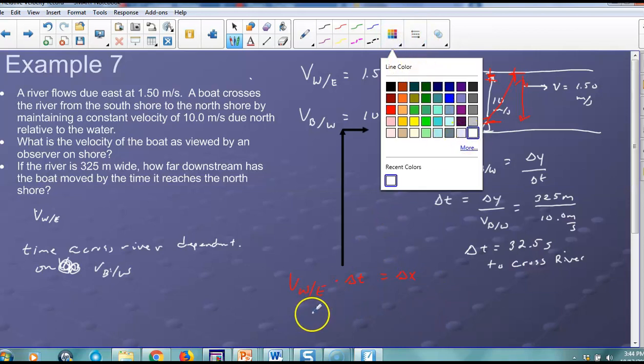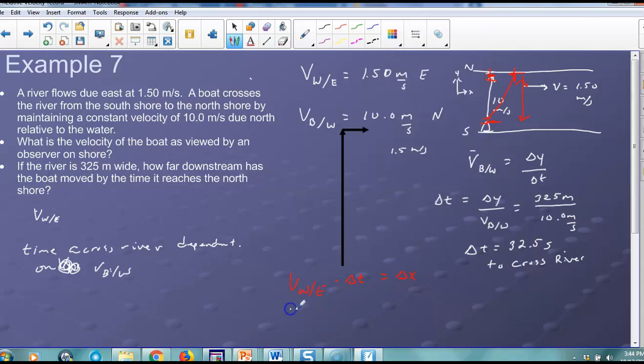So that's going to give us velocity of water to earth, which was 1.50 meters per second, times a time of 32.5 seconds, and that's going to be, get my calculator open, 1.5 times 32.5 is 48.75 meters downstream.